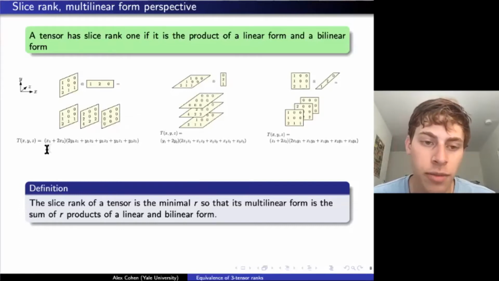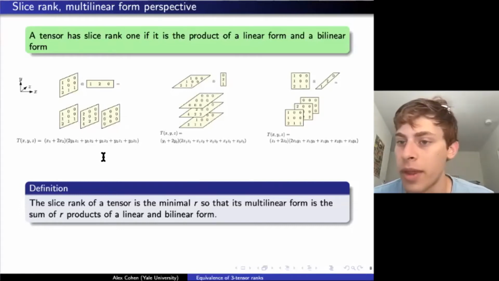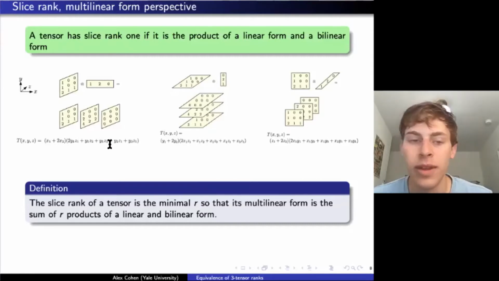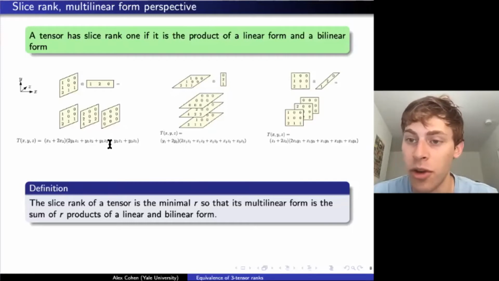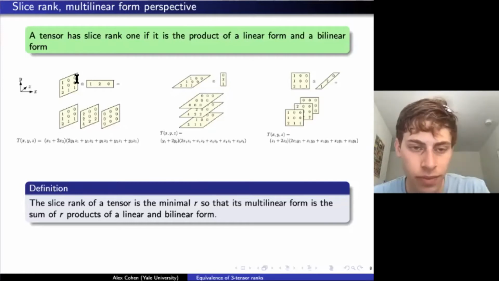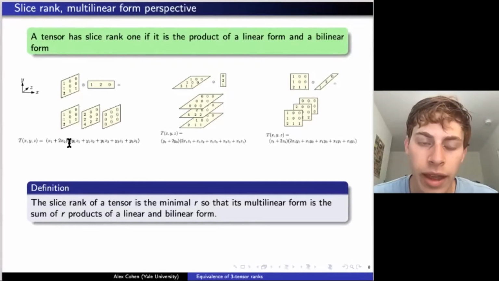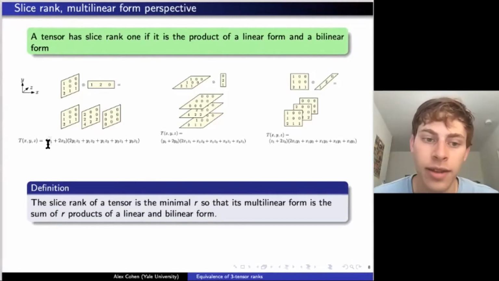So this is particularly nice to look at from the trilinear form perspective. From the perspective of trilinear forms, the operation of an outer product is very simple. It's just a product of polynomials. So in this example on the left, the matrix is a bilinear form in y and z, and the vector is a linear form in x.